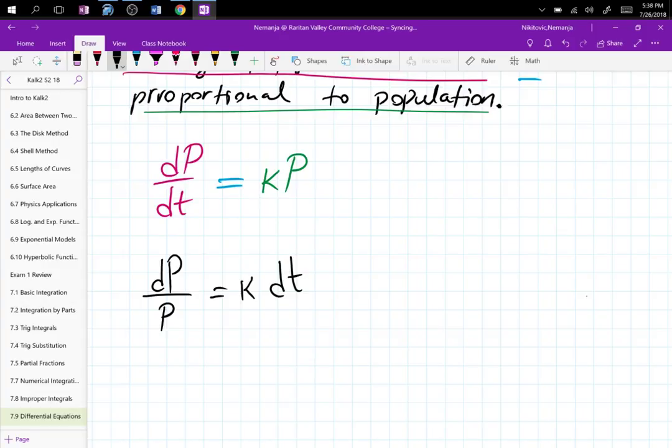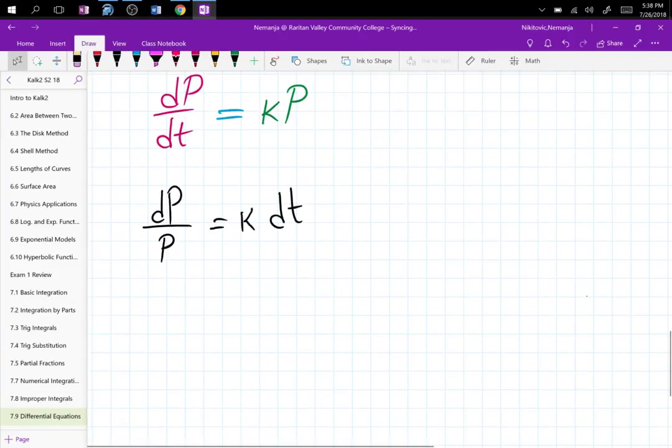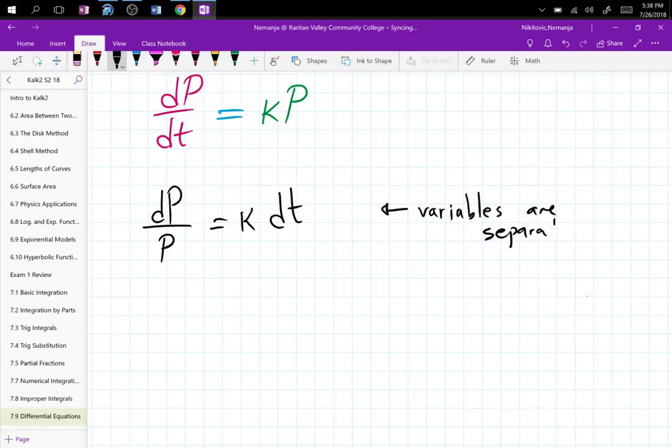So dt goes on the right because that's the independent variable, and p, which was actually the function we are looking for, goes on the left to join the dp on the left-hand side. So now, when we have separated variables, meaning all p's on the left, all t's on the right, and those are the only variables we have.